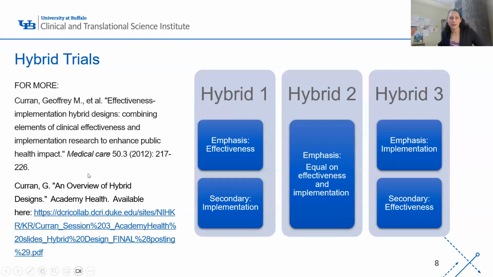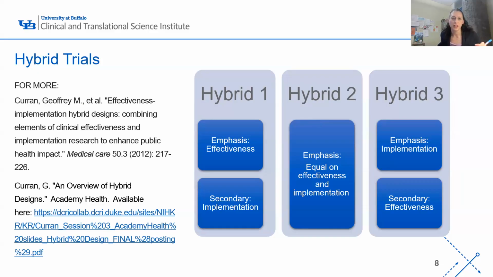All right. Thank you, Ranjit. So hybrid trials you will probably see frequently appear in the literature, especially around implementation science, so we're going to dive into them a little bit more because we see them very commonly.